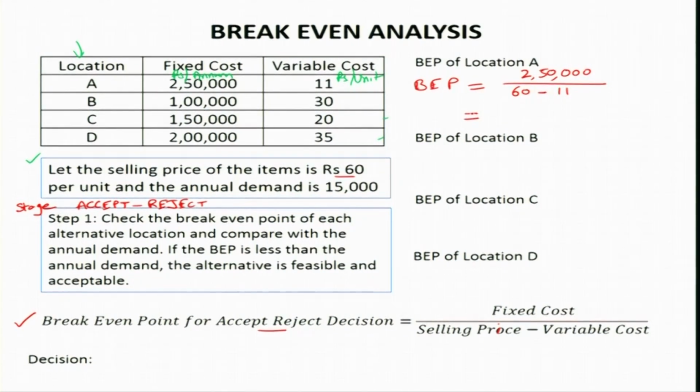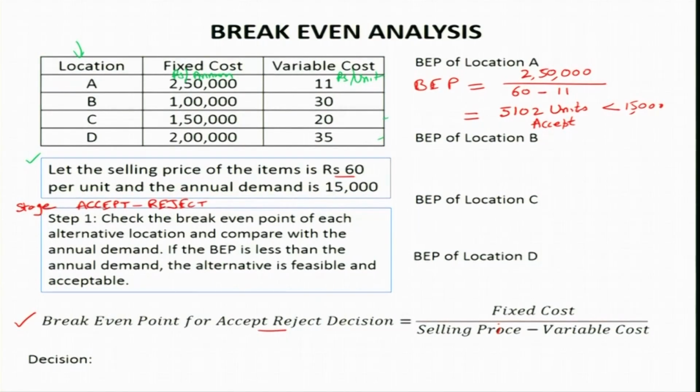So, this will be equal to 5102 units, and this is lesser than 15,000. So, the decision is to accept the location. Location is good, location is useful. Here we are doing the independent evaluation of that particular location.